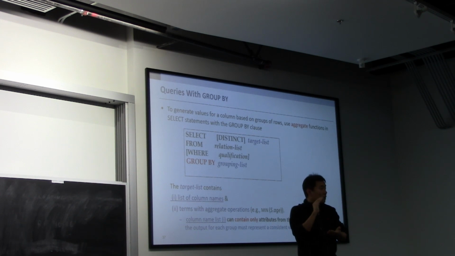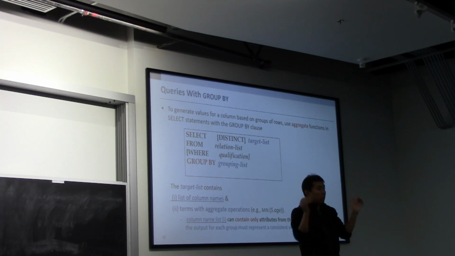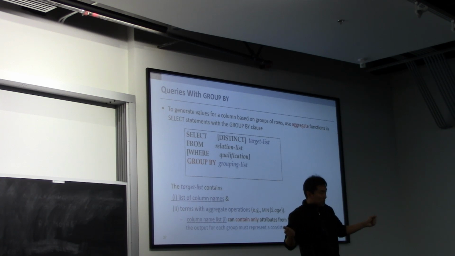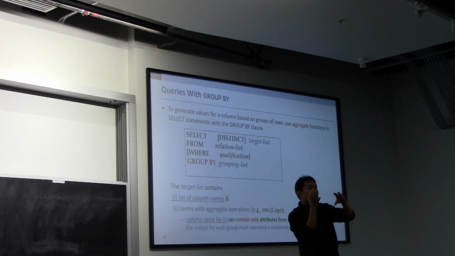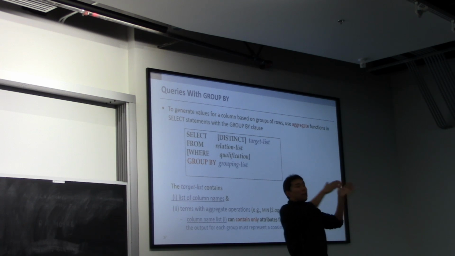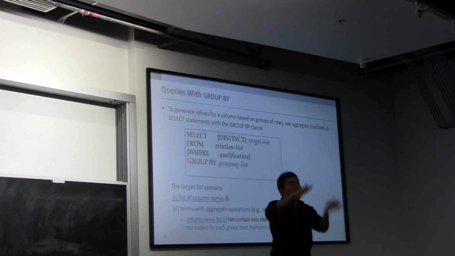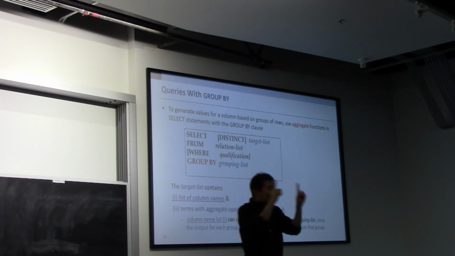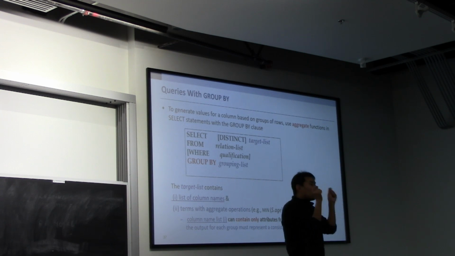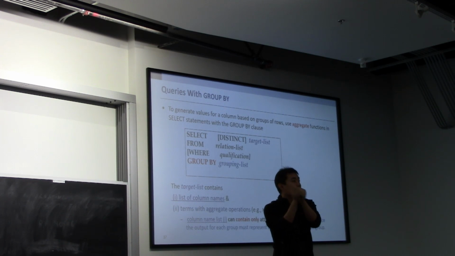You partition them into different partitions, or in other words, group them into different groups. For example, all CS students go to one group, all math students go to one group, all history students go to one group, if you are doing a group by with department name.